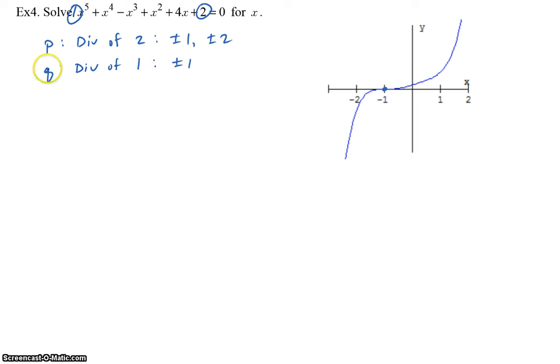plus or minus 1. The possible rational zeros of this polynomial then would be all possible p over q's. That would be plus or minus 1 or plus or minus 2.